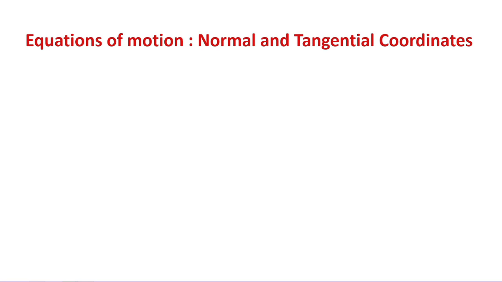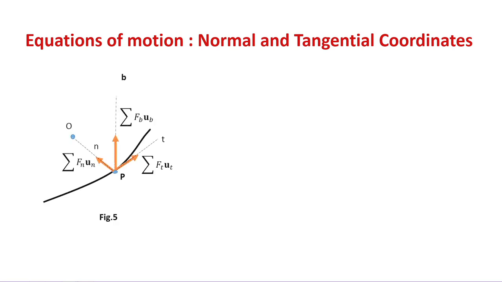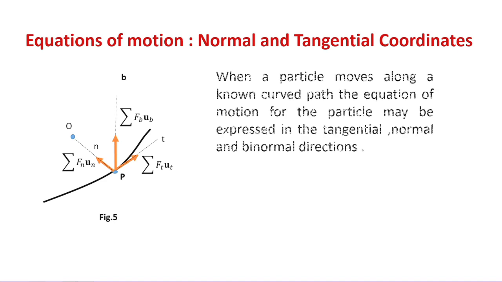Again, let us consider the equation of motion applied to normal and tangential coordinates. Suppose a particle moves along a known curved path, the equation of motion for the particle may be expressed in the tangential, normal and binormal directions, as is evident from figure 5.